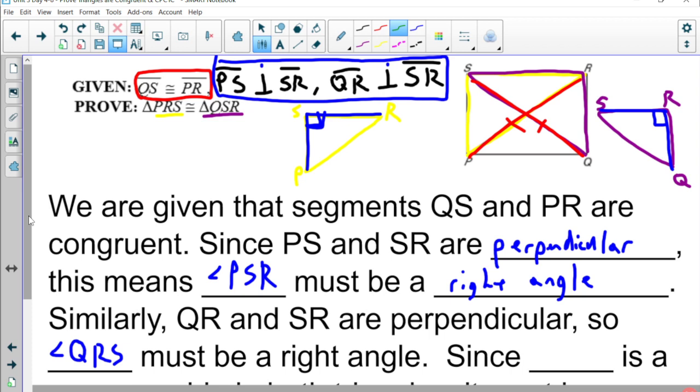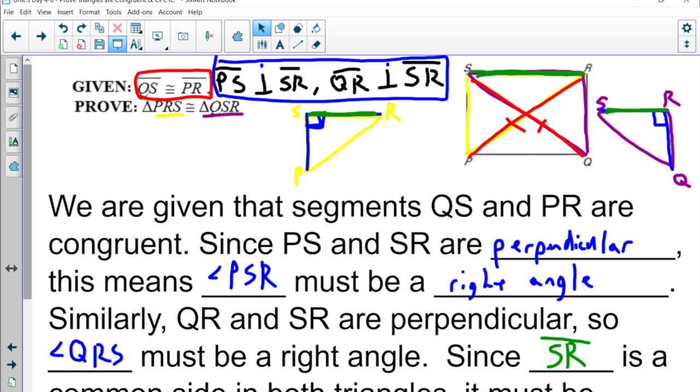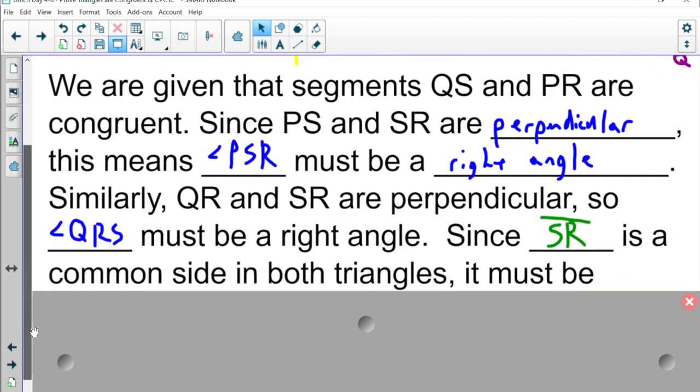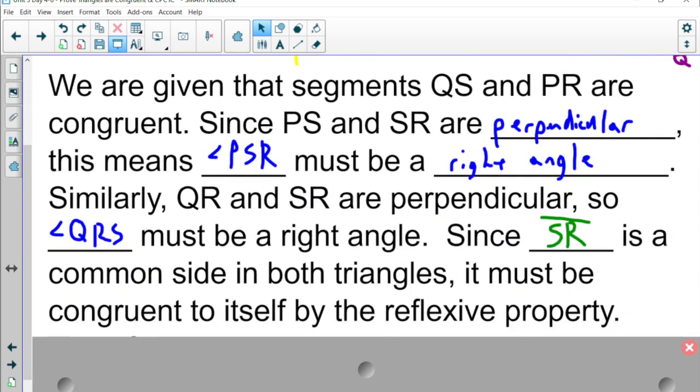Hopefully you've identified that the common side is S to R, or R to S. That side is in both the yellow triangle and the purple triangle. S to R is a common side in both triangles. That means that it must be congruent to itself by the reflexive property.